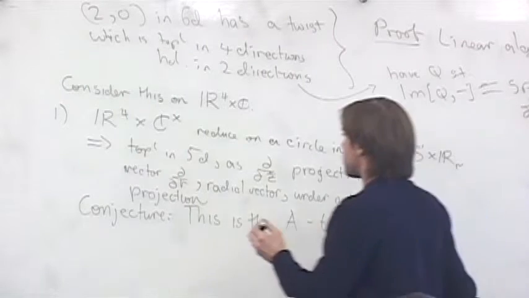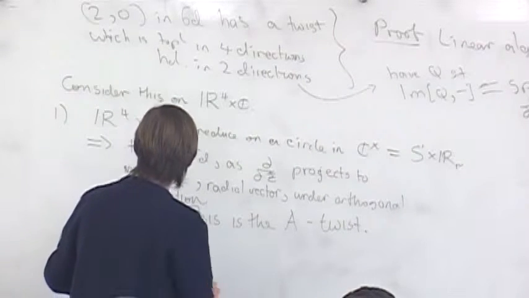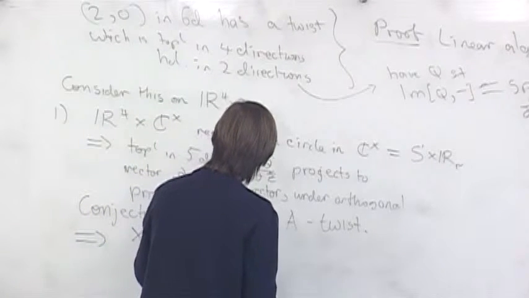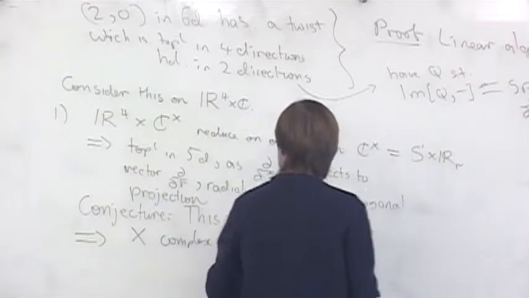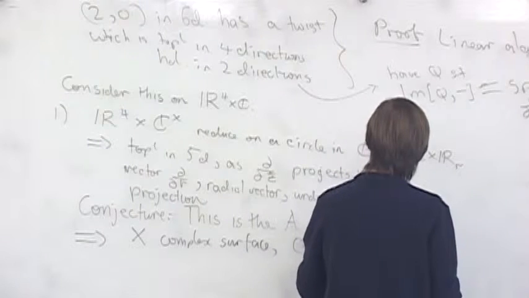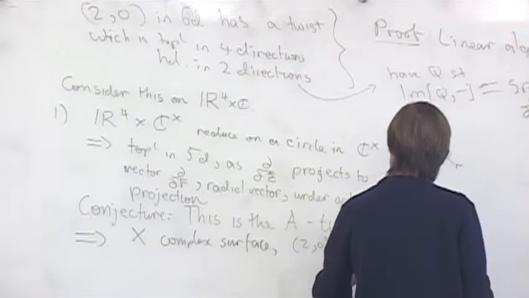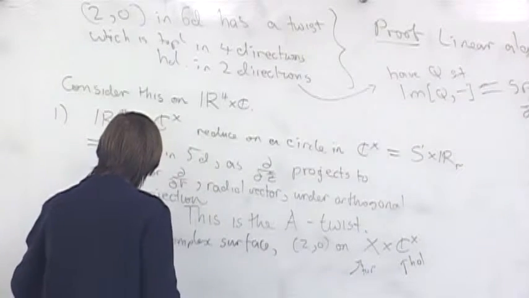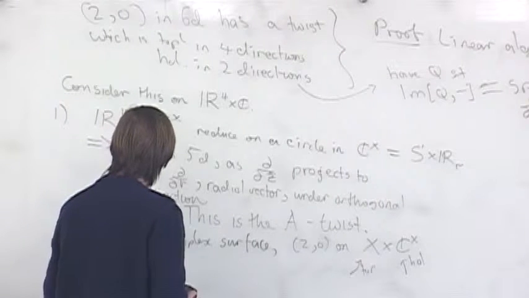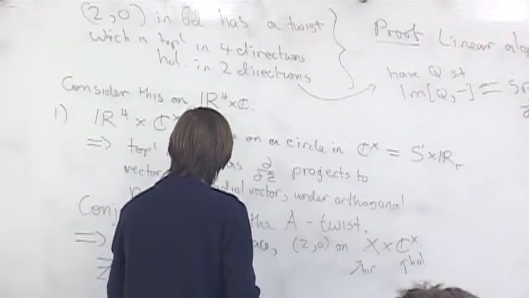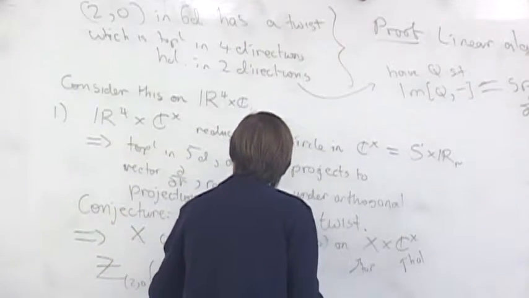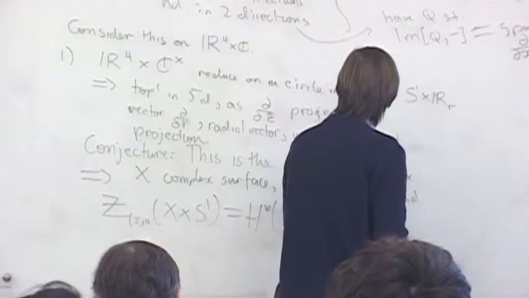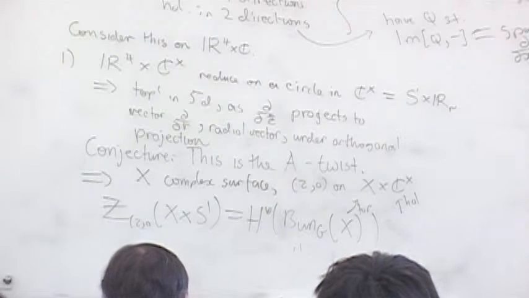So this should imply that, for example, if X is a complex surface, and I consider the (2,0) theory on X cross C star, where it's topological here, holomorphic here, then the Hilbert space of the (2,0) theory on X cross a circle in the holomorphic direction should be the cohomology of Bun_G of X. This is the kind of thing we might expect.